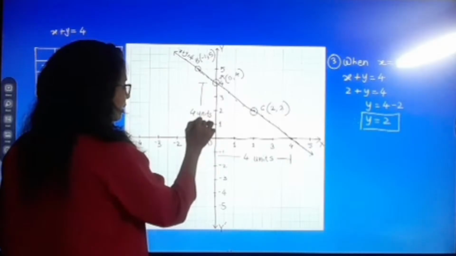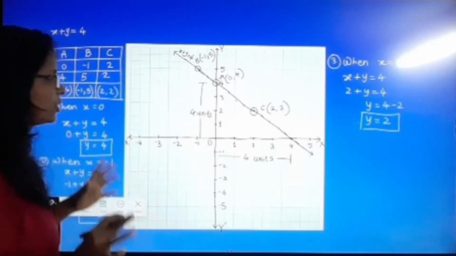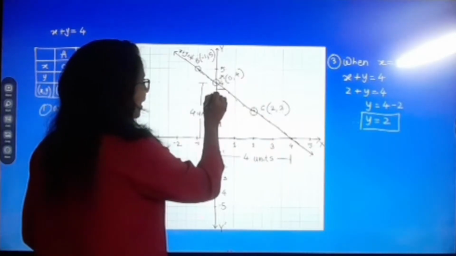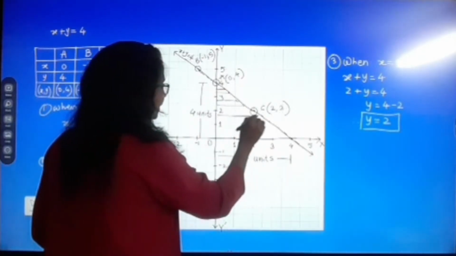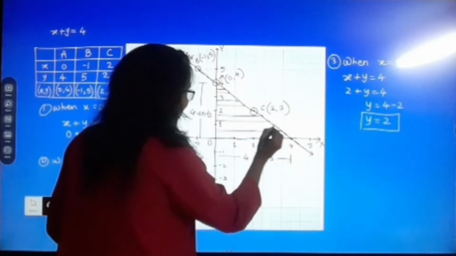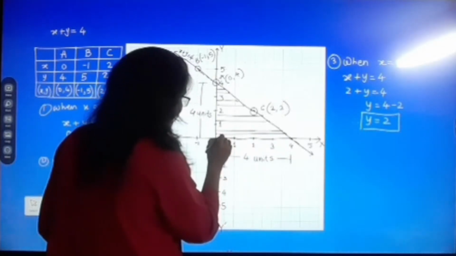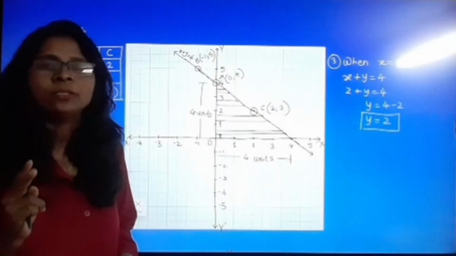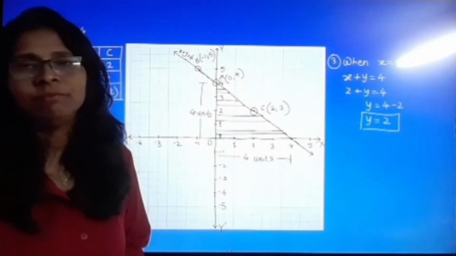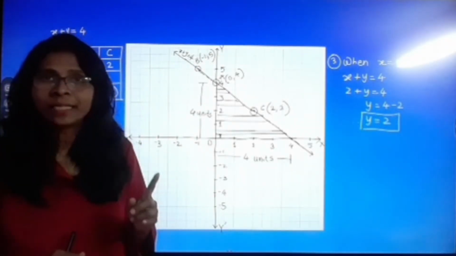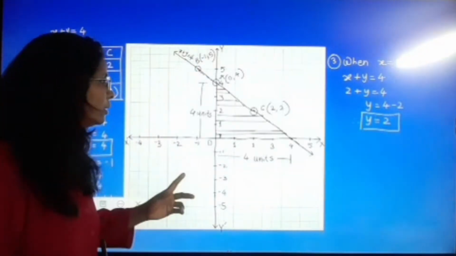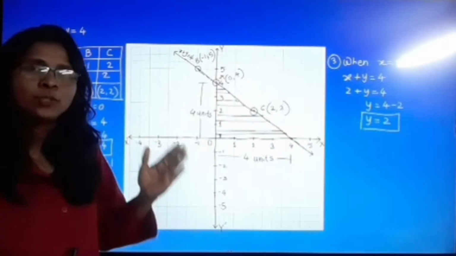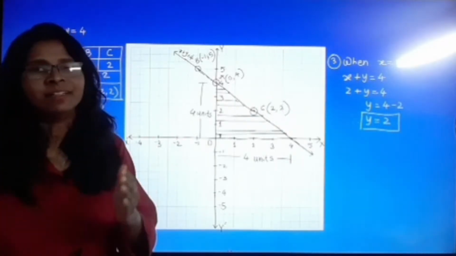And then students, if you observe that on the x-axis and on the y-axis you get the triangle, and the triangle is a right angle triangle with two congruent sides. So that means here students, the type of the graph is isosceles right angle triangle.